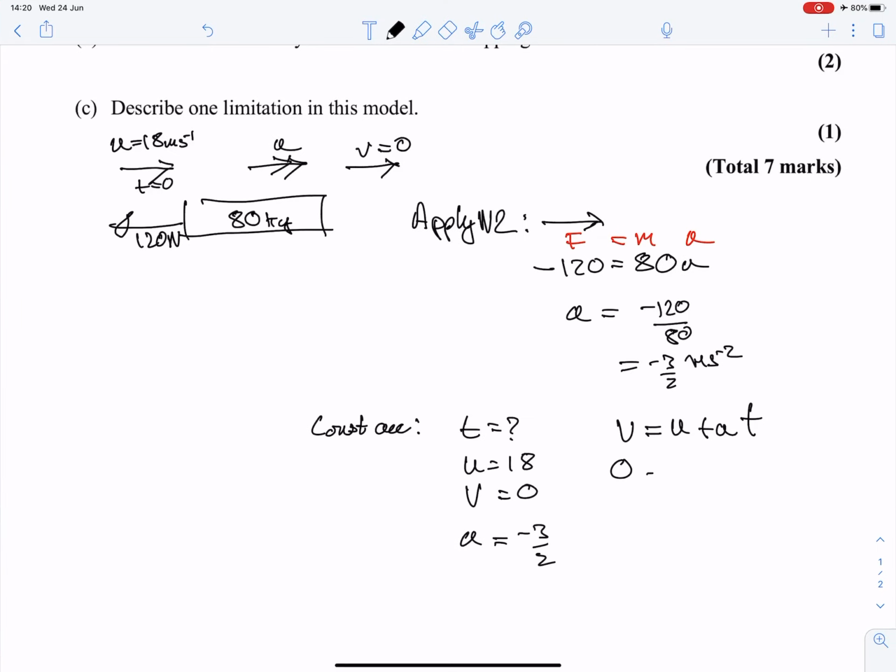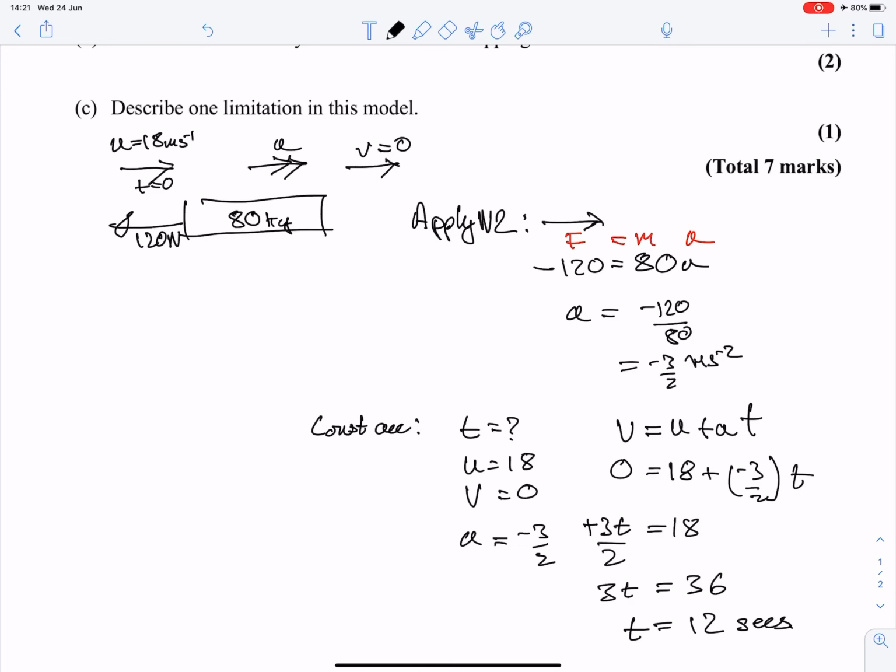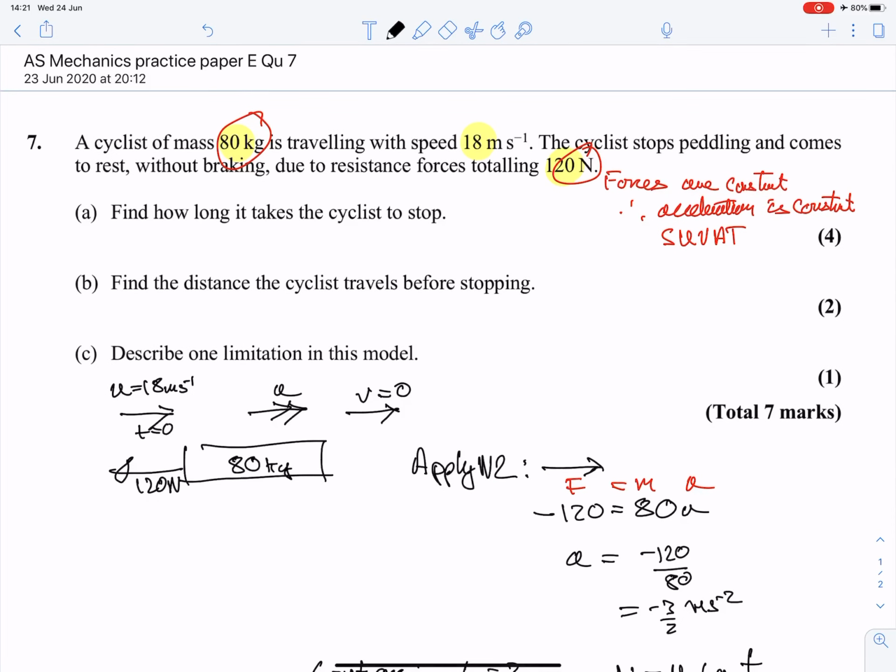So 0 equals 18 plus negative 3 over 2 times t. Add it across to make it positive: 3 over 2 t equals 18. Multiply by the denominator: 3t equals 36. Divide by 3, so it's 12 seconds is how long it takes for the cyclist to stop.